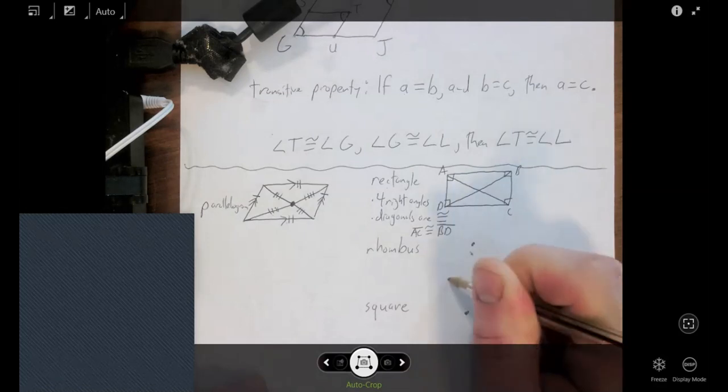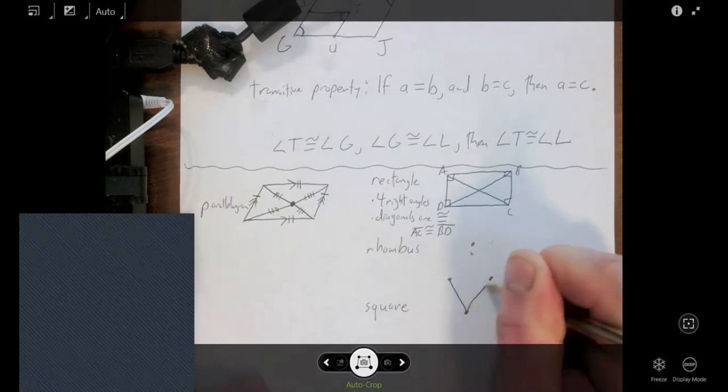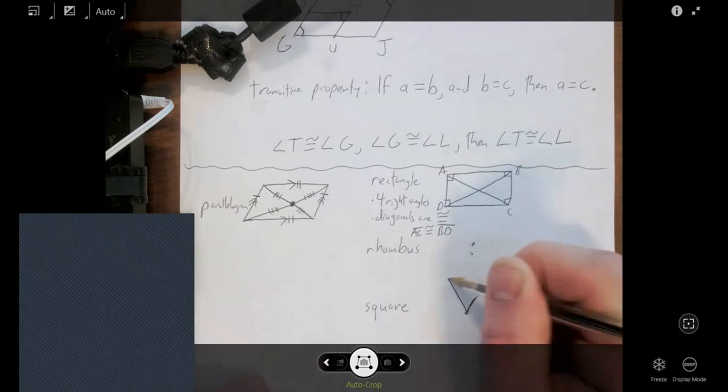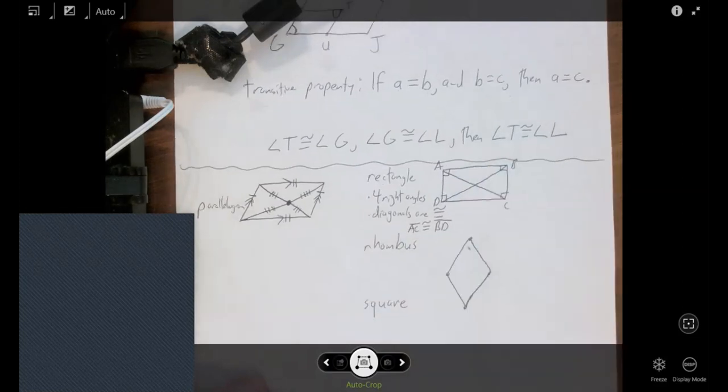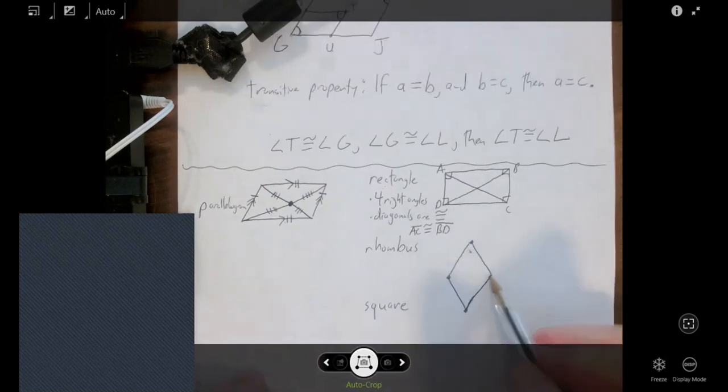I'm going to draw a picture to jog your brains a little bit, maybe. A rhombus looks a lot like a diamond. So what are the facts about this shape that make it a special parallelogram that's a rhombus?